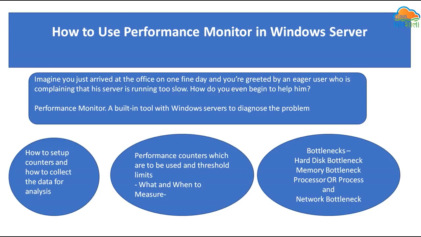We will also discuss bottlenecks like hard disk, memory, processor, or network bottlenecks. A bottleneck is a situation where we do not have any bandwidth left for the resources on a particular server. We have to see which particular component installed on that server is creating issues. That is something we will cover in the coming slides.